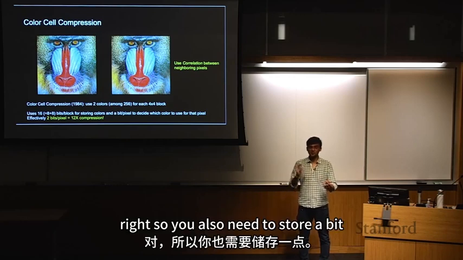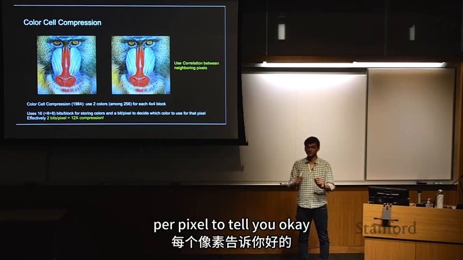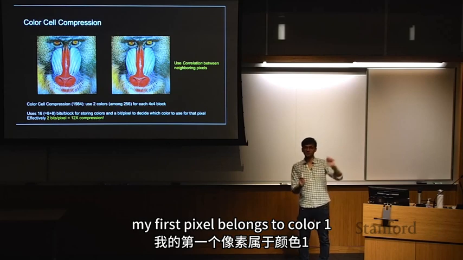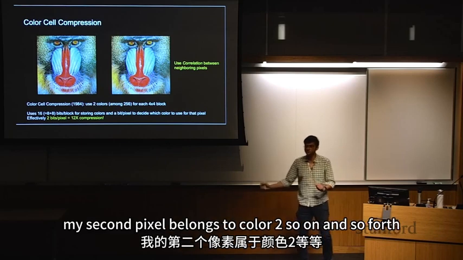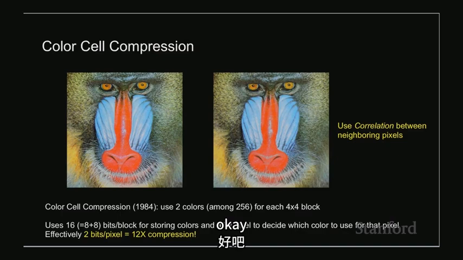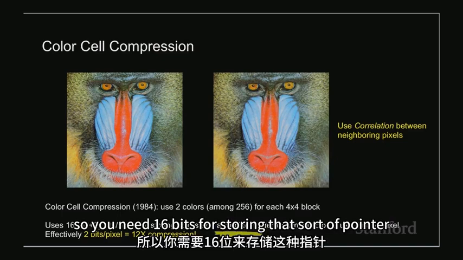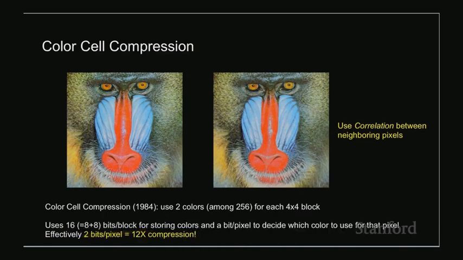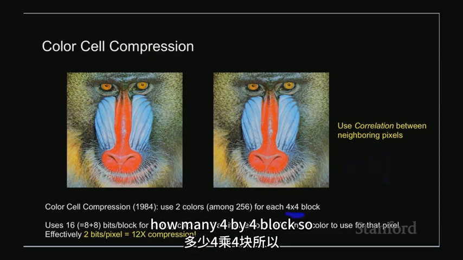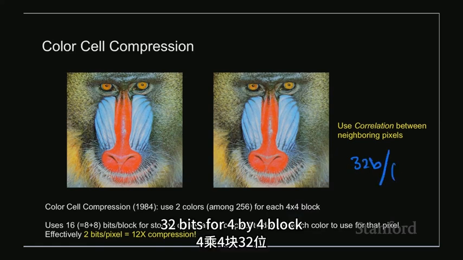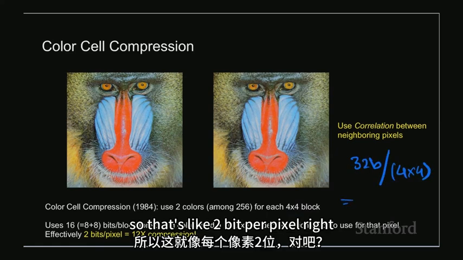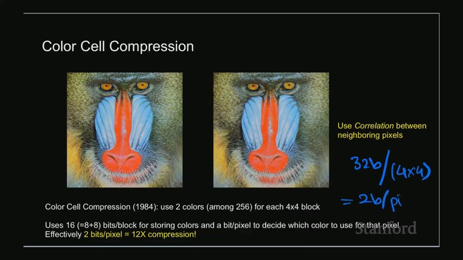So you also need to store a bit per pixel to tell you my first pixel belongs to color 1, my second pixel belongs to color 2, and so on. So you need 16 bits for storing that sort of pointer, 16 bits for storing the colors. So at the end you need 32 bits for a 4x4 block. So that's 2 bits per pixel.